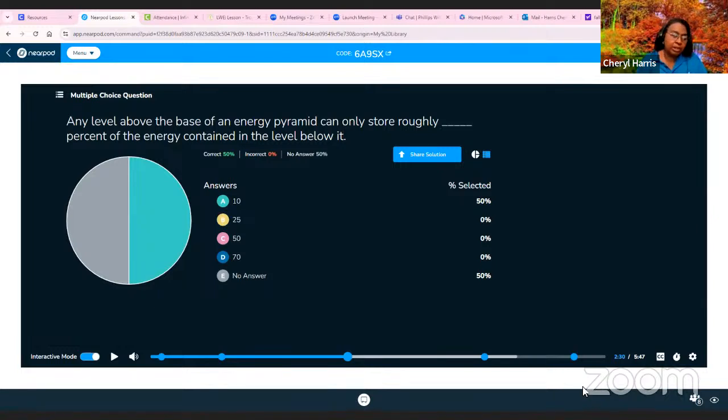Everybody needs to respond because it knows how many people are logged in. I should have 100% response, not 60%. If everybody responds, I'll get 100% here. Everybody, if you're logged in, you need to answer.